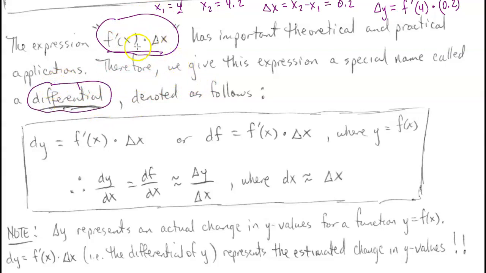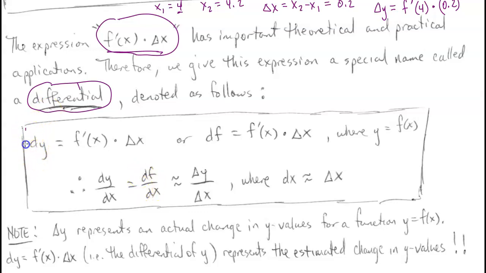The whole concept of a differential is this derivative of a function of x times delta x, and the purpose of the differential is to help you approximate the actual change in y values going from one x value to another.